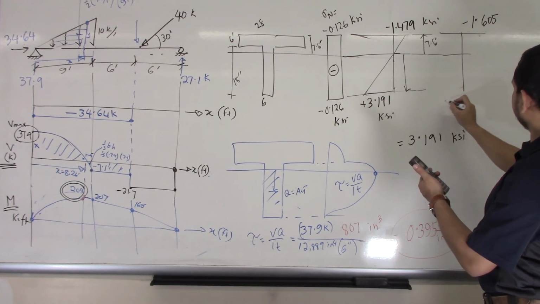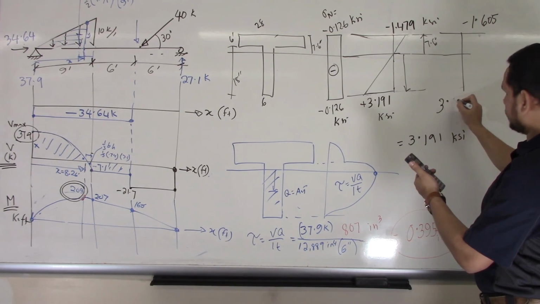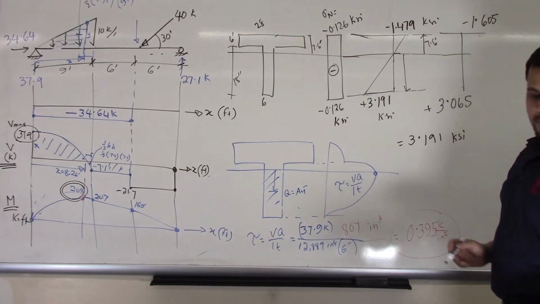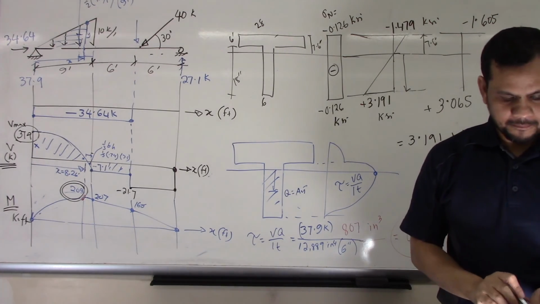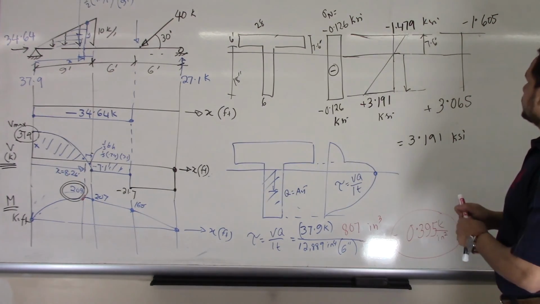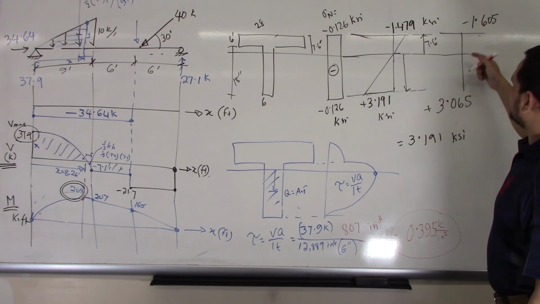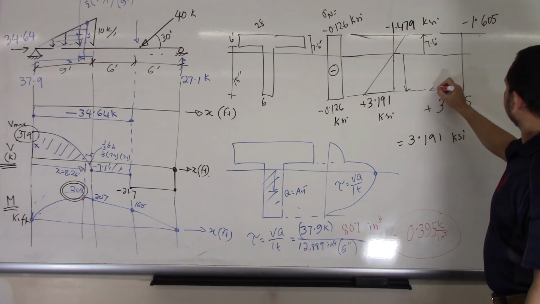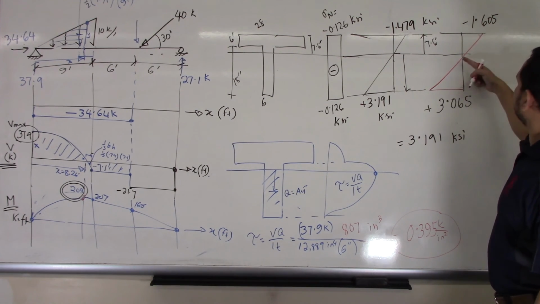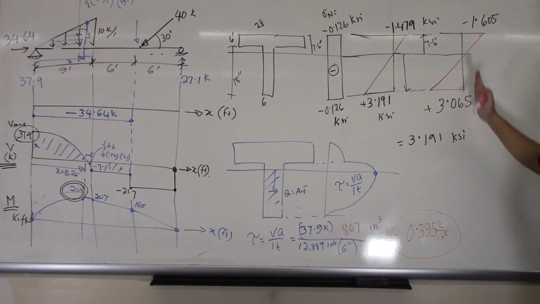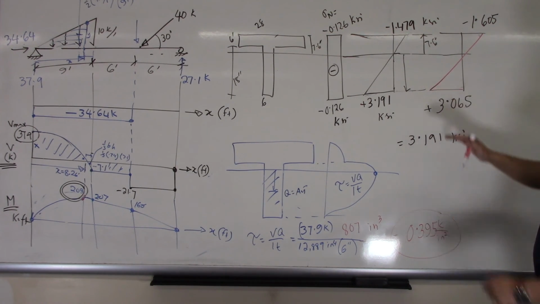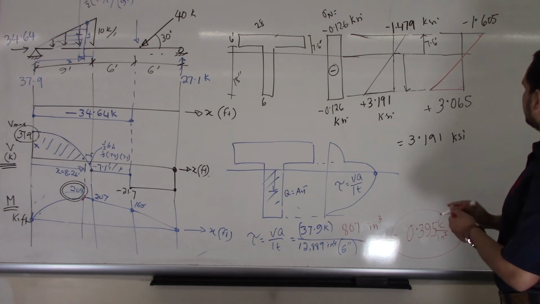Here I got 3.065, and that is plus, that is minus. So if I draw the diagram, it is increasing, it is decreasing. So the value is no longer 0 at the neutral axis, because this value is increasing and this value is decreasing. My curve is shifting.